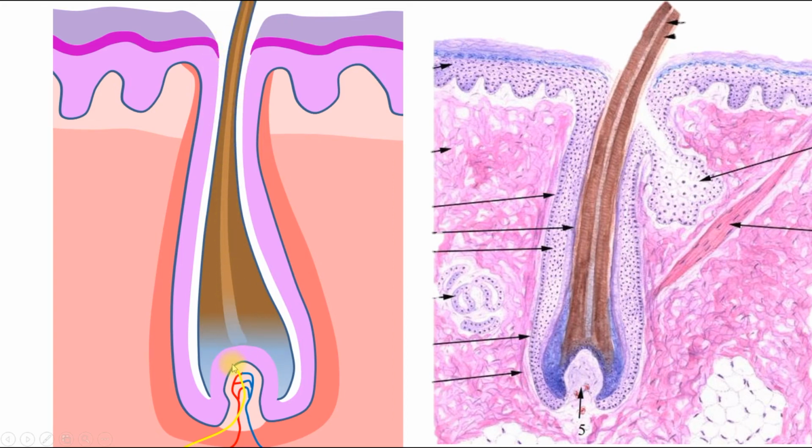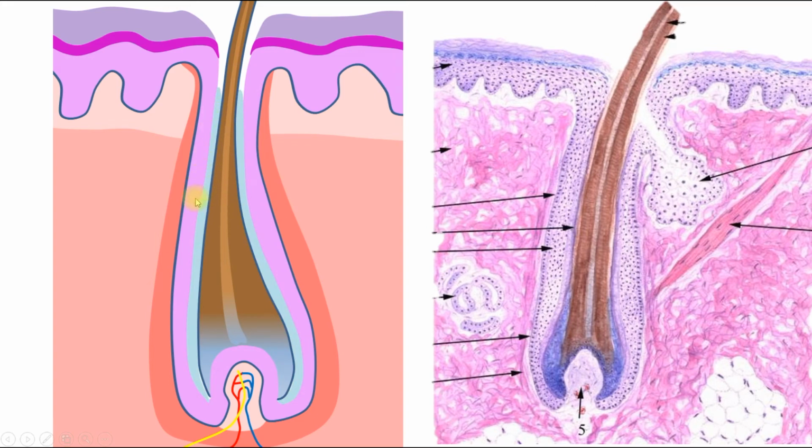Also in the hair matrix there are melanocytes, and they produce melanin, and this melanin is taken up by keratinocytes, which are undergoing keratinization. There are 2 kinds of keratin, hard keratin and soft keratin. Epidermis contains soft keratin. Keratinocytes contain soft keratin, and hair and nails contain hard keratin.